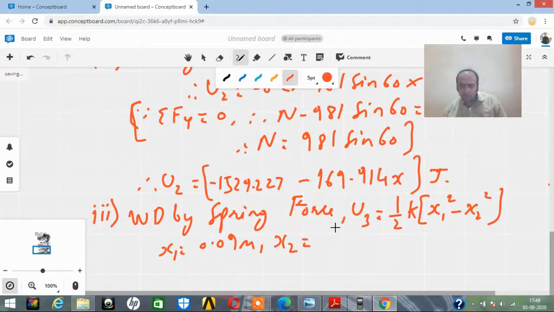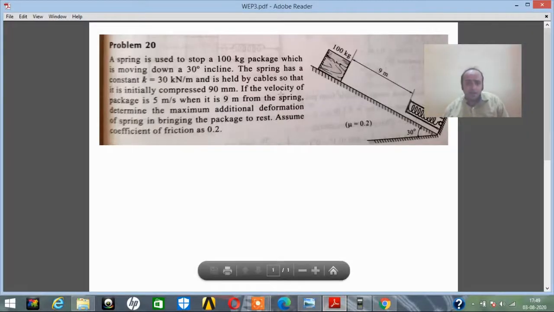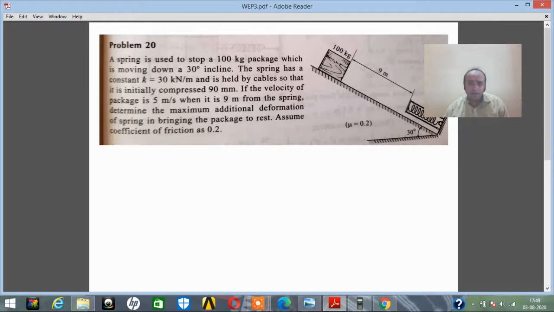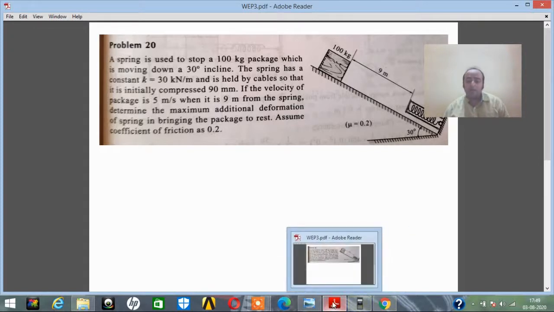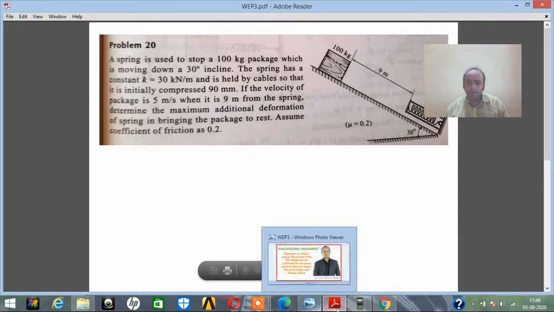If you read the question once again, it is clearly given that the velocity of the package is this much when it is 9 meters from the spring; determine the maximum additional deformation of the spring in bringing the package to rest. That means it will be further compressed. So since it will be further compressed, the value of x2 is going to be x plus 0.09.